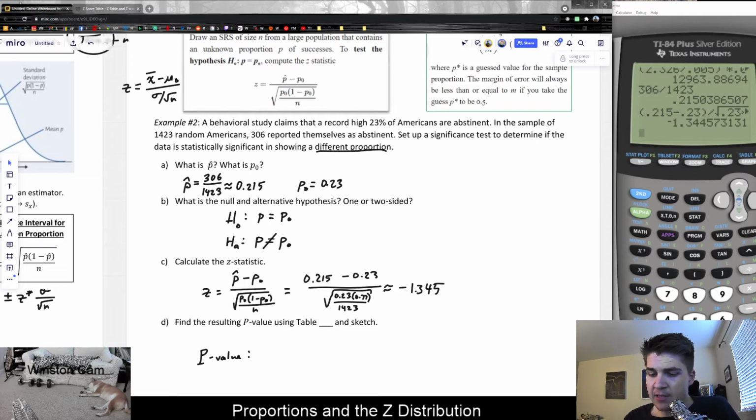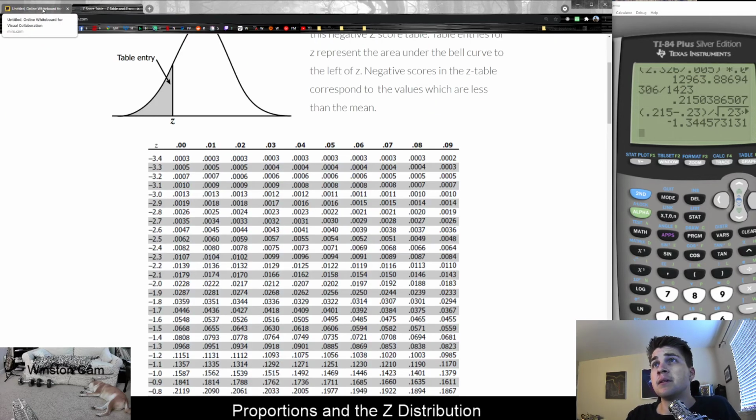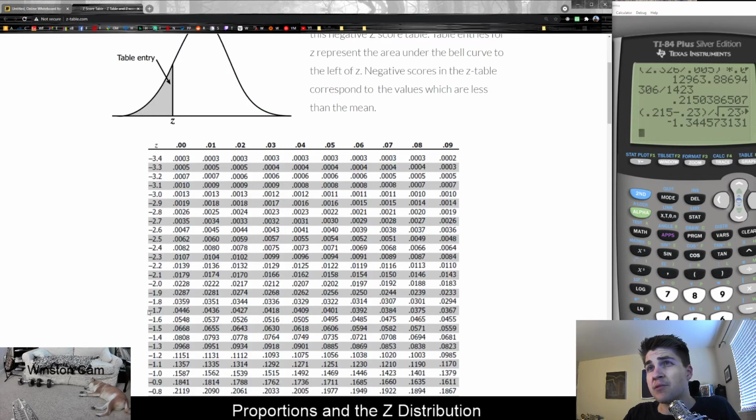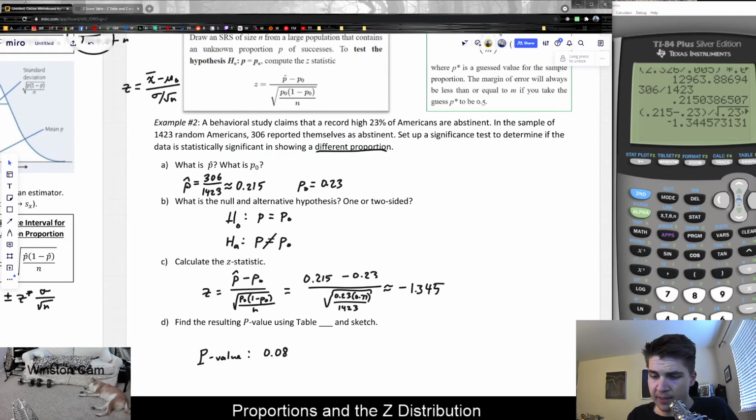And in this case, we get 0.0885. Sorry, what was it again? It was negative 1.345, so negative 1.345 is about 0.0885. We got approximately.